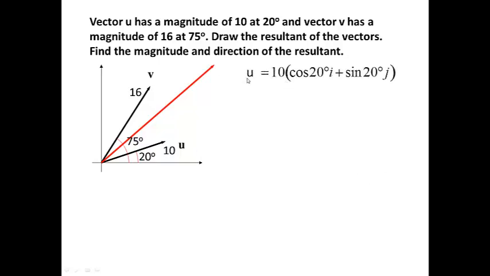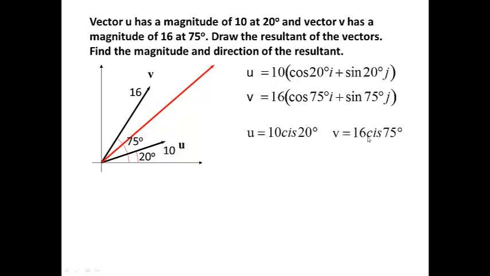Okay, so for vector u, we have 10 cis 20. For vector v, you have 16 cis 75. Now we're just going to add the two cosines together and add the two sines together after we distribute the 10 and the 16. So u is 10 cis 20, v is 16 cis 75.